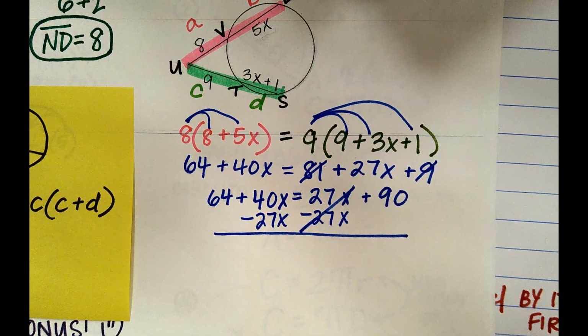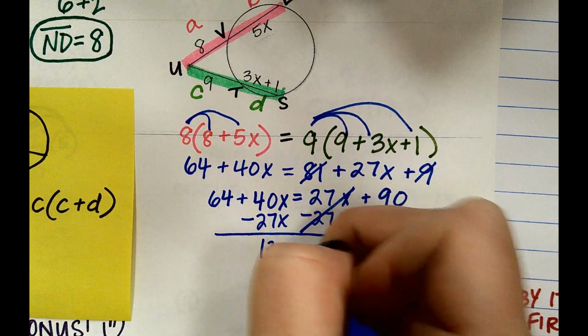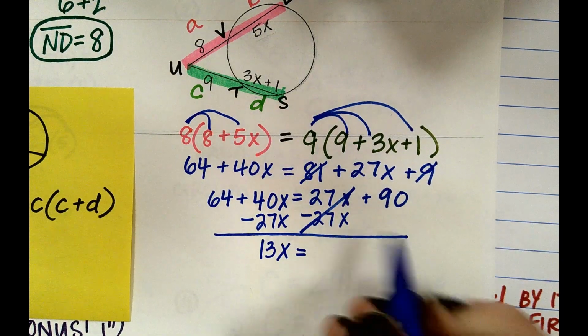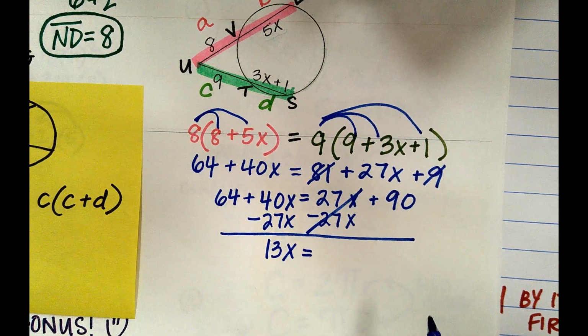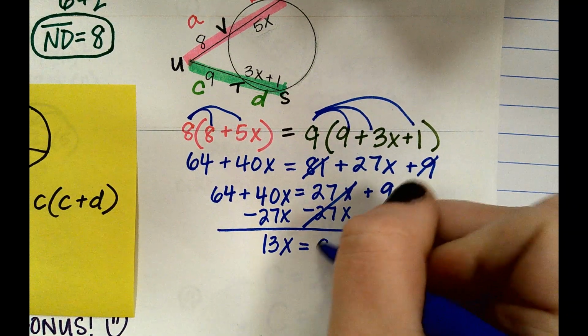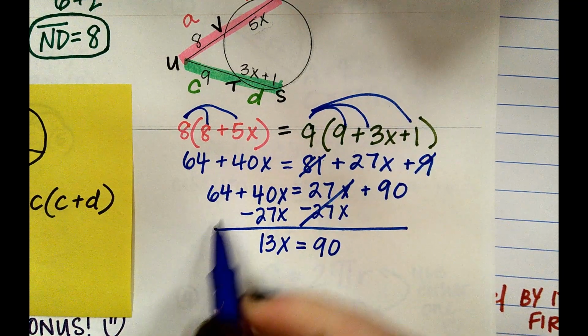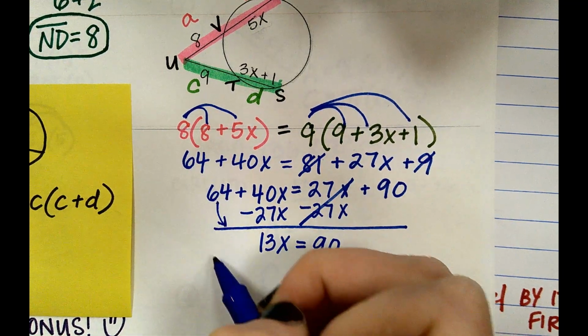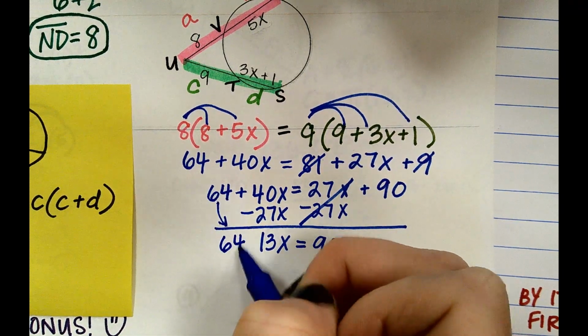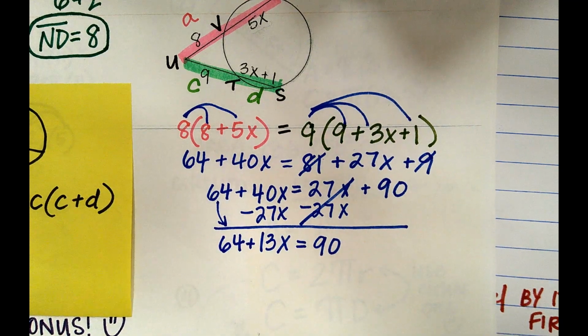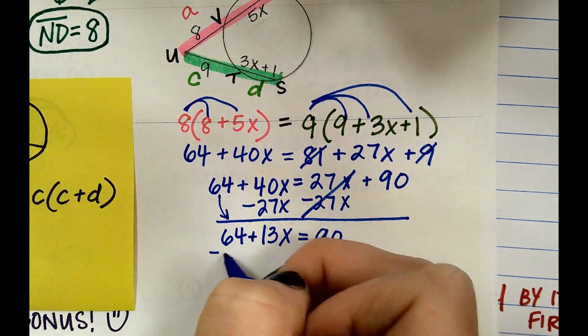Let's see, 40 minus 27, 13x equals, what comes down? The 90 and 64. Good, the 90, and don't forget the 64. 64 plus 13x. So then we subtract 64.